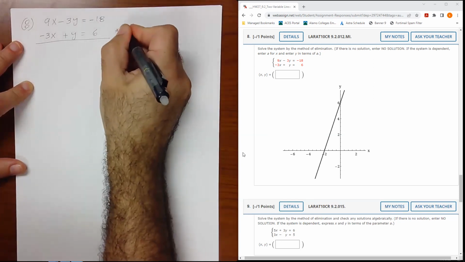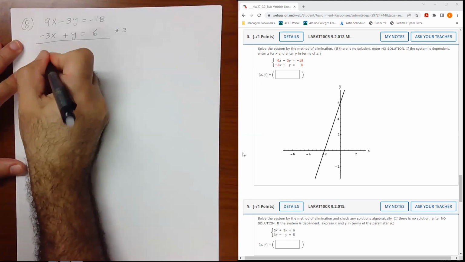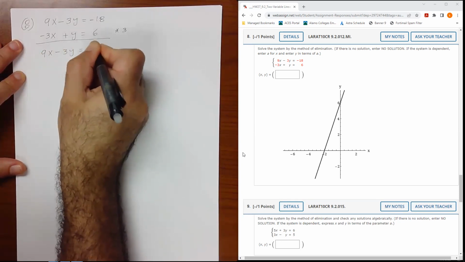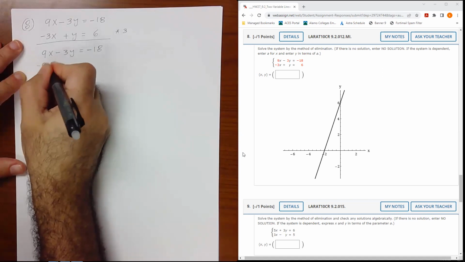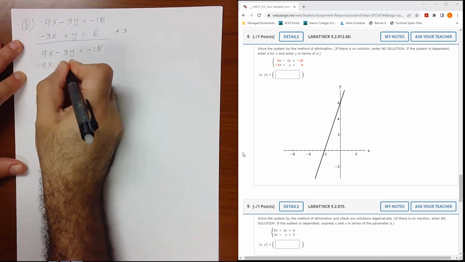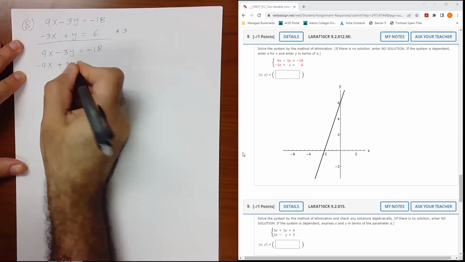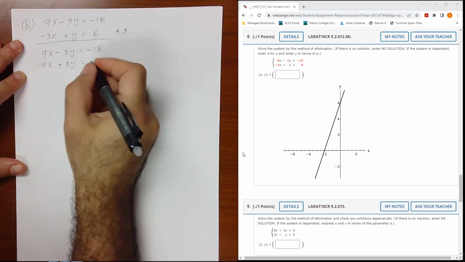So I'm going to multiply the second one by 3. That means the system is going to be 9x minus 3y equals negative 18, and here we're going to get negative 9x plus 3y equals 18.